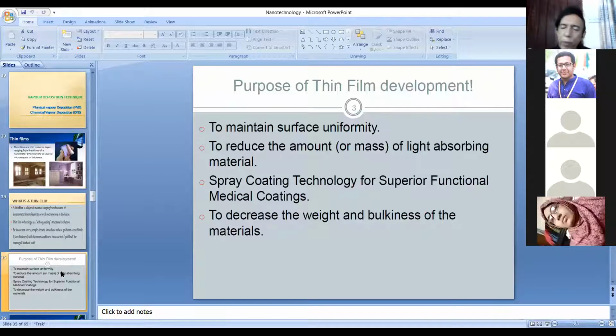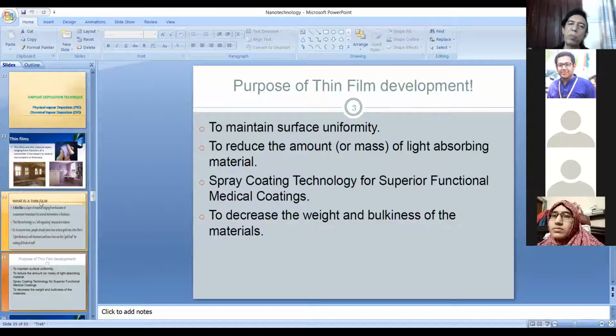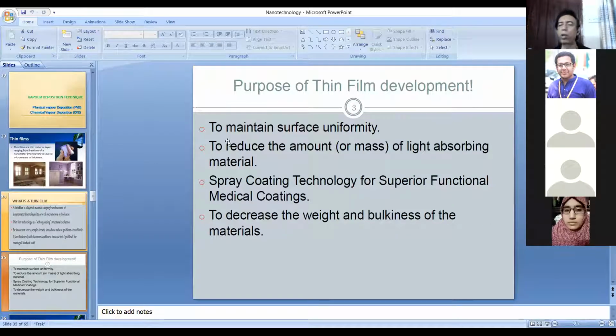Now, why is thin film prepared? It is prepared to maintain surface uniformity, to make the surface uniform, to reduce the amount of light absorbing material. That means to reduce the amount of material. Say, for example, you have a watch of stainless steel.